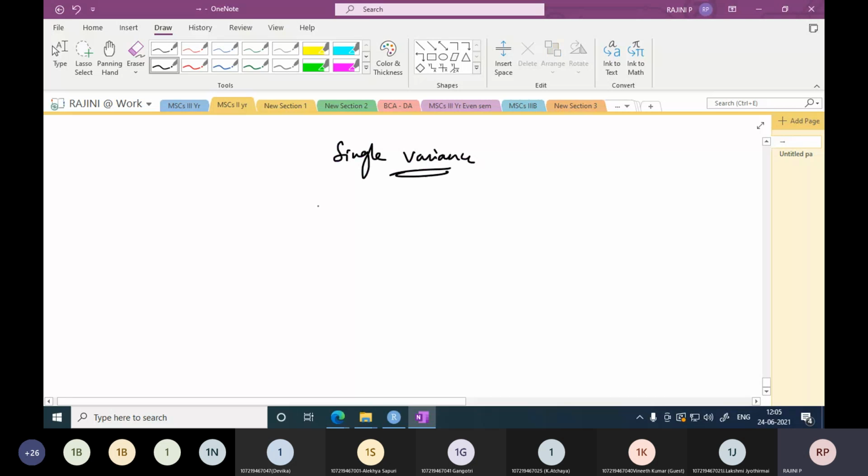Now tell me the procedure. What will we write for H naught? Sigma square equal to sigma naught square. Next, H1: sigma square not equal to sigma naught square. It can be not equal to, or lesser, or greater. Based on the data, we need to take that.